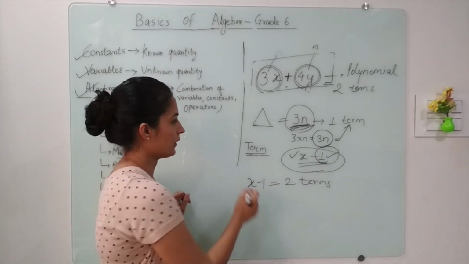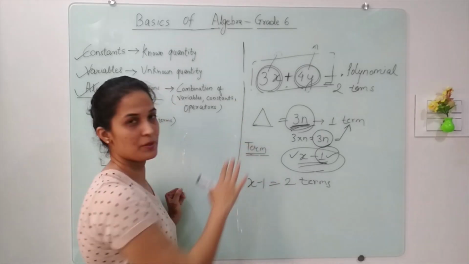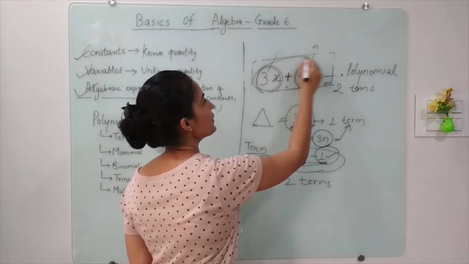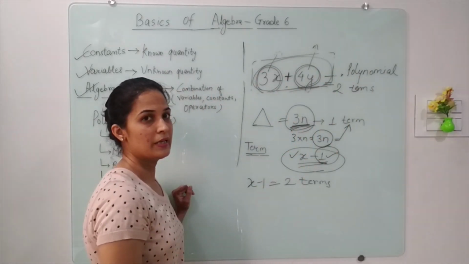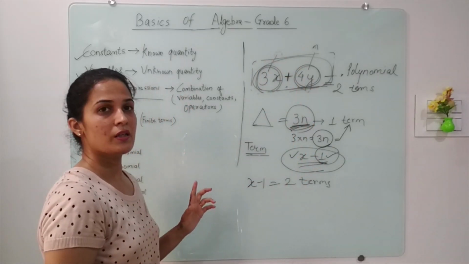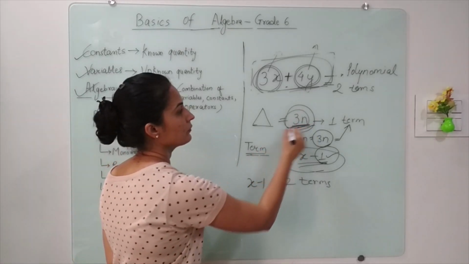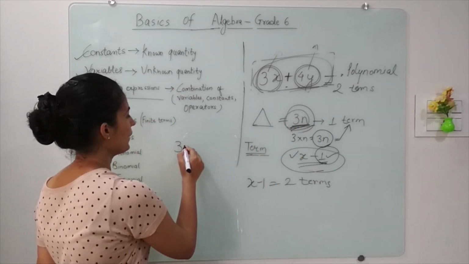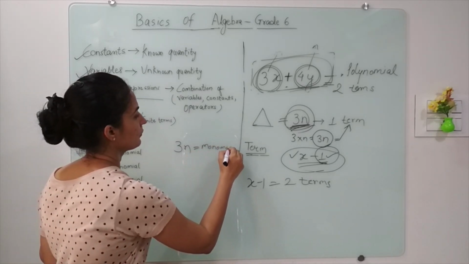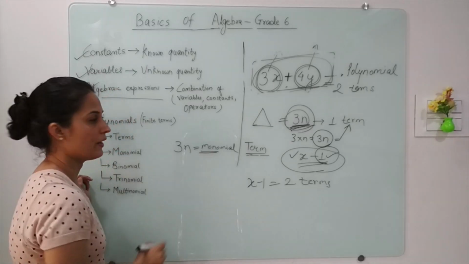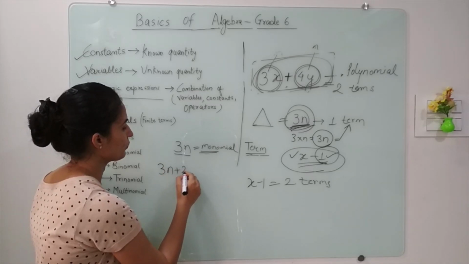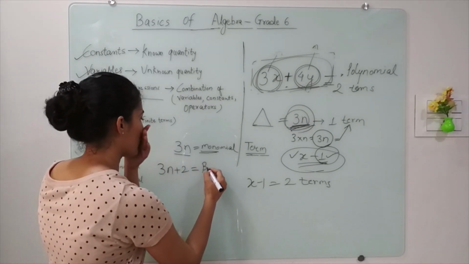Now moving on, I hope this meaning of term in algebra is clear to you. As I said here, this complete expression is called a polynomial. In algebra, we call these expressions polynomials. If there is only one term in a polynomial, then we call it a monomial. Mono means one. If there are two terms, 3n plus 2, we call it a binomial.